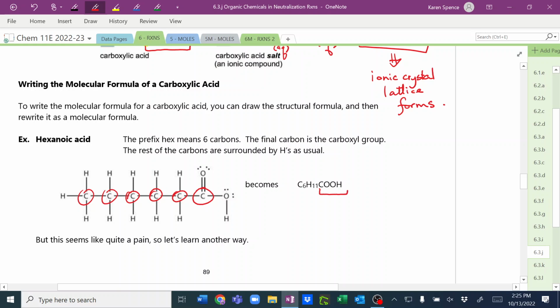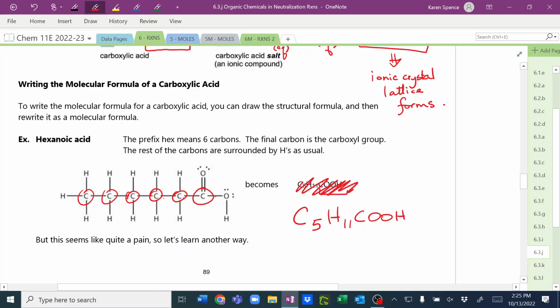Oh, hang on, 1, 2, 3, 4, 5, 6. That's wrong, that should be C5H. And then it's going to be twice the number of carbons, right? Plus 1. So twice the number of carbons would be 11, and then we have our COOH on the end.